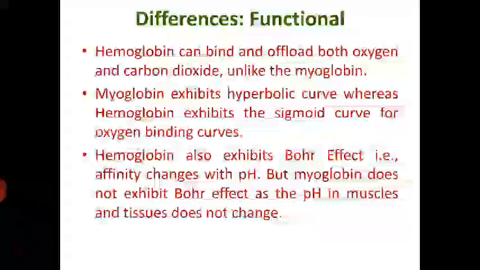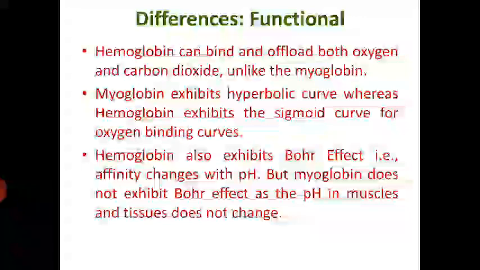Some more differences are there. Hemoglobin can bind and offload both oxygen and carbon dioxide. That means hemoglobin transports carbon dioxide back to the lungs from organs, but myoglobin does not have this function.